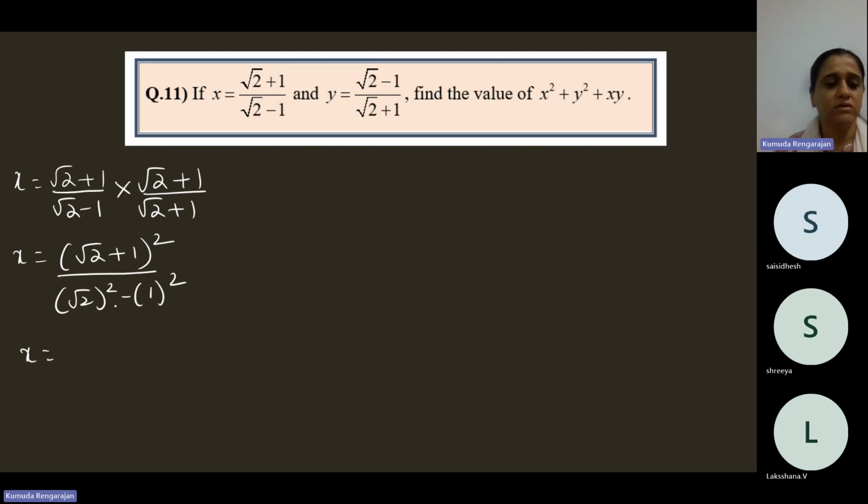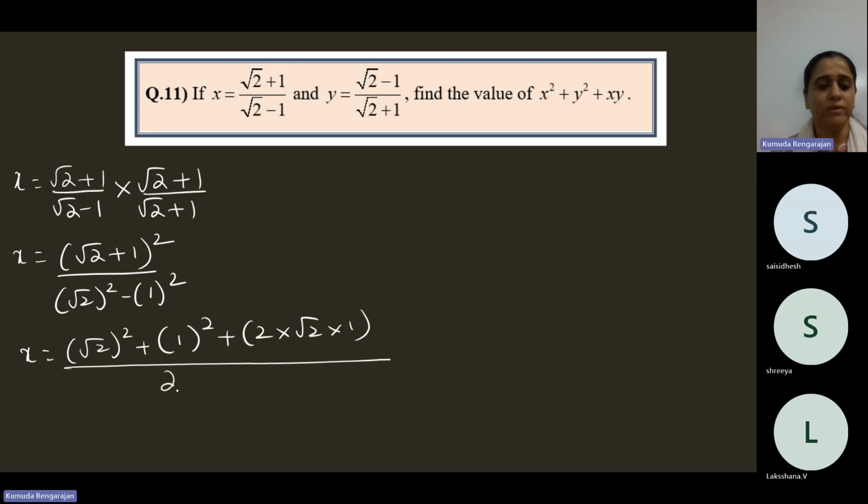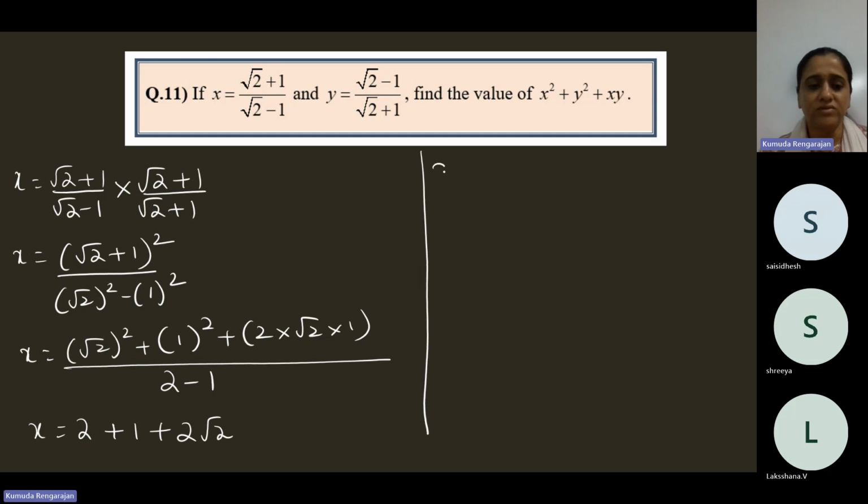Expand the numerator: a plus b the whole square is a squared plus b squared plus 2ab, by 2 minus 1. So x is equal to 2 plus 1 plus 2 root 2 by 1, so you can just ignore that. So x is equal to 3 plus 2 root 2, correct? Write the question, work for x and then work for y by yourself.